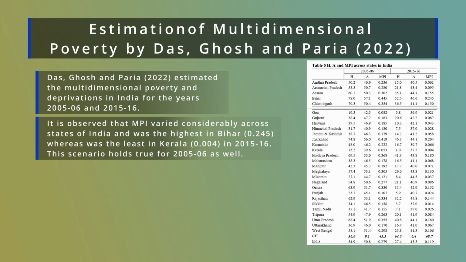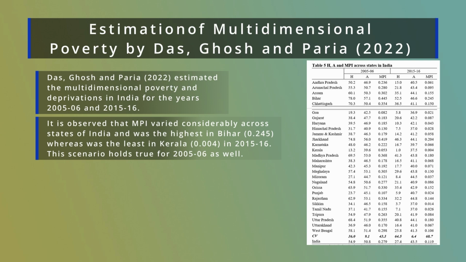Therefore, here we consider our own estimation to understand the extent of variation of multidimensional poverty across states of India. And here we have estimated three specific measures: the multidimensional poverty index and its two components, the multidimensional head count ratio and the extent of multidimensional poverty.